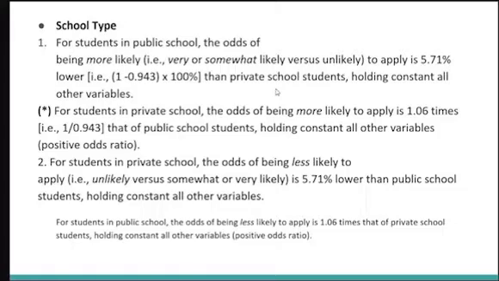I said for students in private school, the odds of being less likely to apply, which is unlikely versus somewhat or very likely, is 5.71% lower than that of public school students, holding other variables constant. It goes this way because the explanatory variable here is categorical.